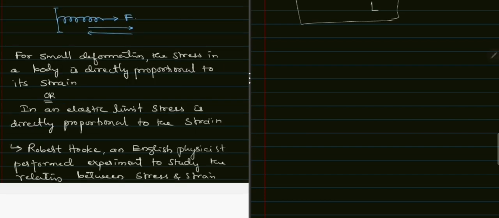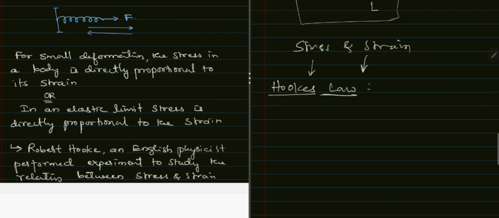Okay, now this is all about stress and strain. So using this stress and strain concept, Hooke performed one experiment to study the relation between stress and strain. What he told, for that experiment, they gave the name Hooke's law.